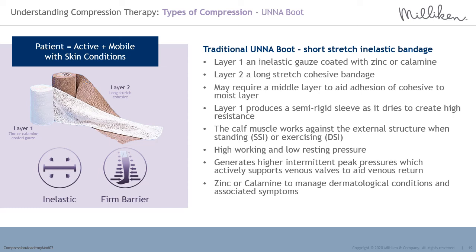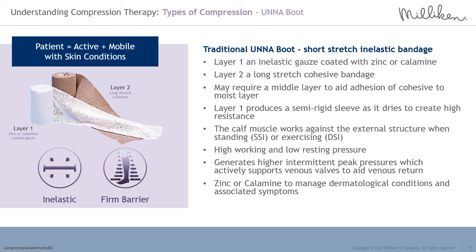Despite being referred to as a short stretch system, the Unna-Boot components produce a hybrid system, layer 1 inelastic and layer 2 elastic. Layer 1, the cotton gauze, is not extensible and requires careful application to allow for limb swelling.